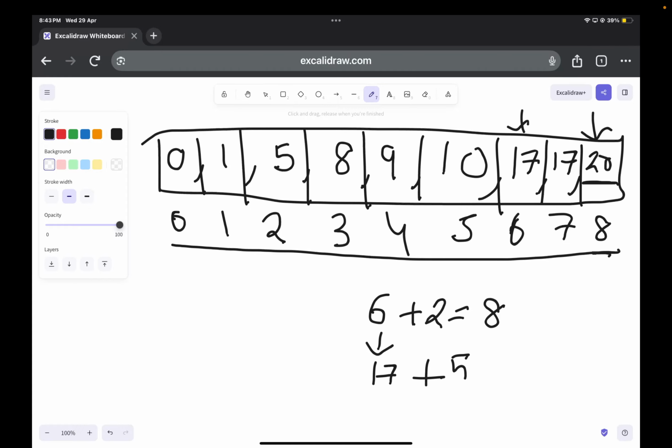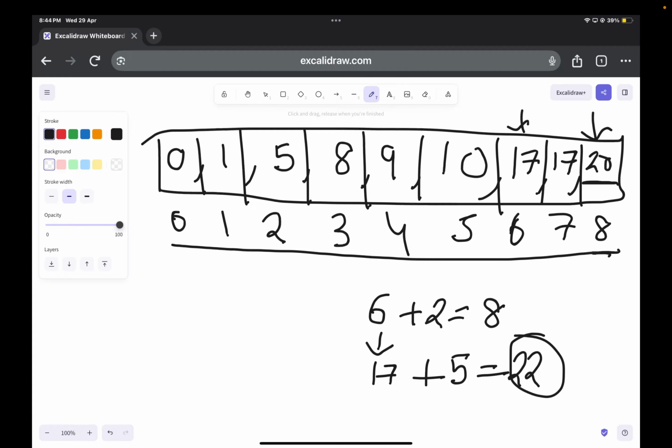So 17 plus 5 is 22. Which one is greater, 20 rupees or 22 rupees? 22. That means selling 6 meter plus 2 meter is more beneficial to me. Are you understanding?